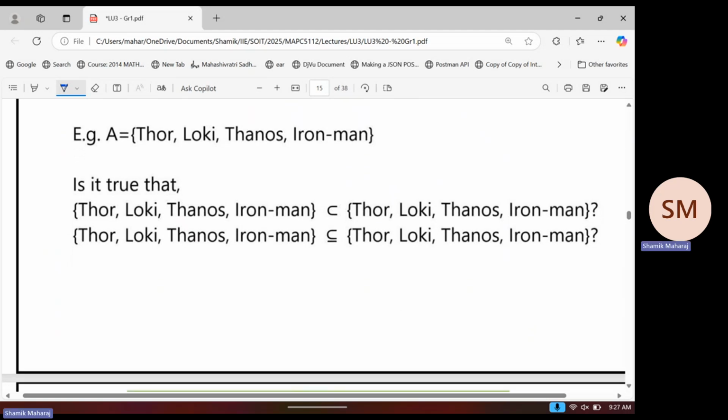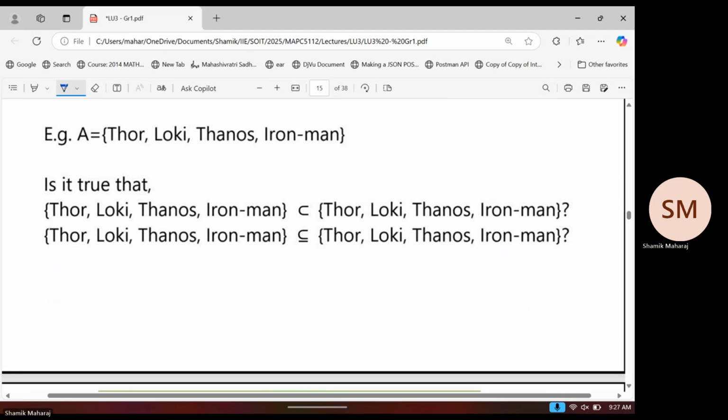Okay, so here's a set involving characters, and which of these two is true is what we're asking here. Yeah, that's definitely a proper subset, the one at the top. One of them is like saying 5 is less than 5. If 5 is less than or equal to 5, then it makes sense. So that's the difference.